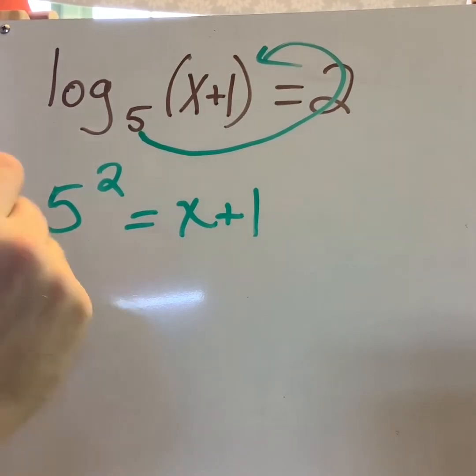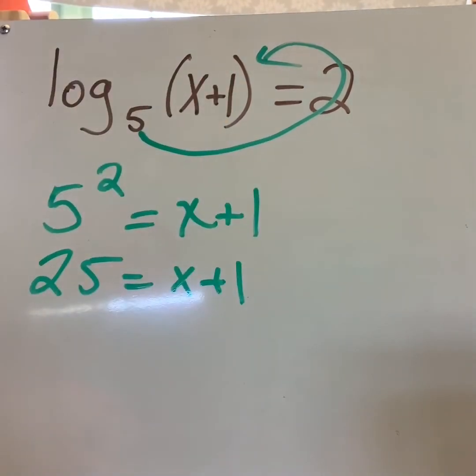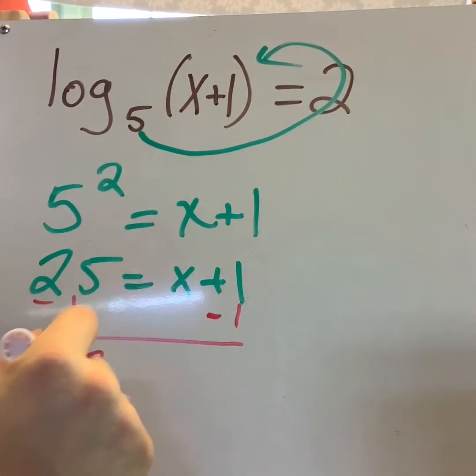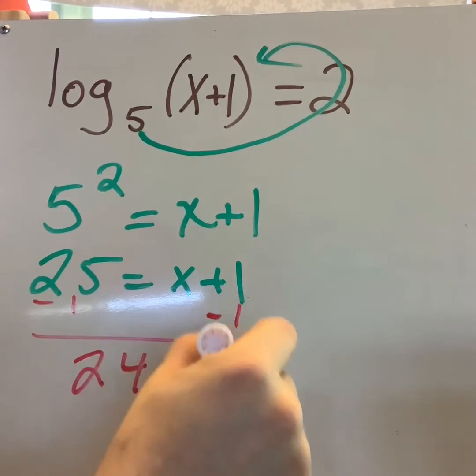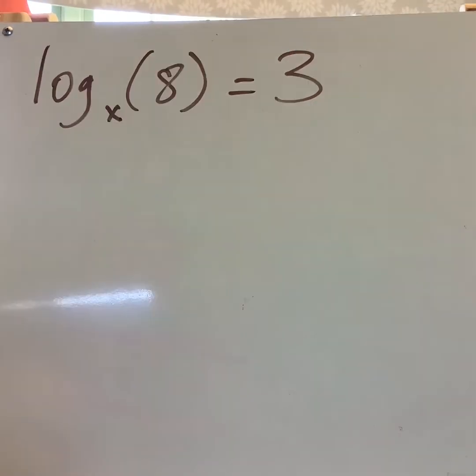This is just 25 is equal to x plus 1. And I can solve for x there, right? I just subtract 1 from each side, and I get that 24 is equal to x. And there we go. So I converted it from a log equation into an exponential equation and solved because we just did a whole week's worth of work on solving exponential equations.